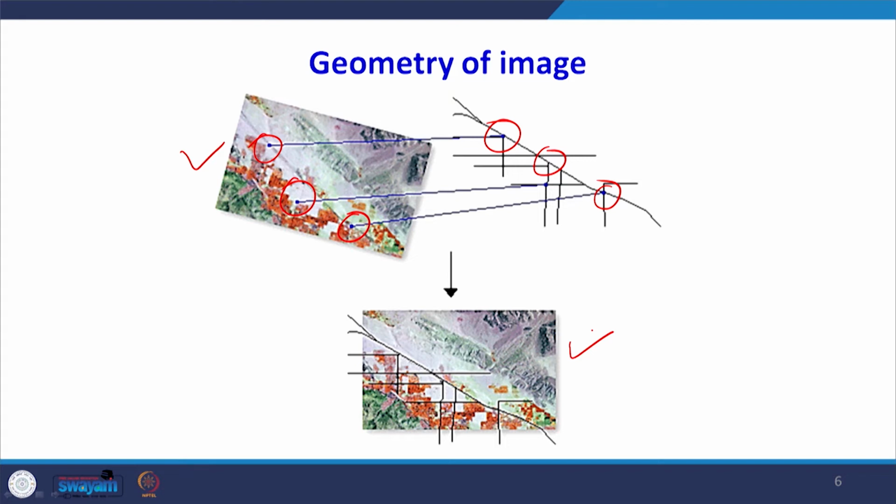Earlier one was slightly rotated, and now this other image is rotated in a different direction. If you rotate it anti-clockwise and carry out some kind of scaling and some transformations, then you can get the corrected image, whose geometry is the same as the geometry of the ground. This is what exactly we are doing.